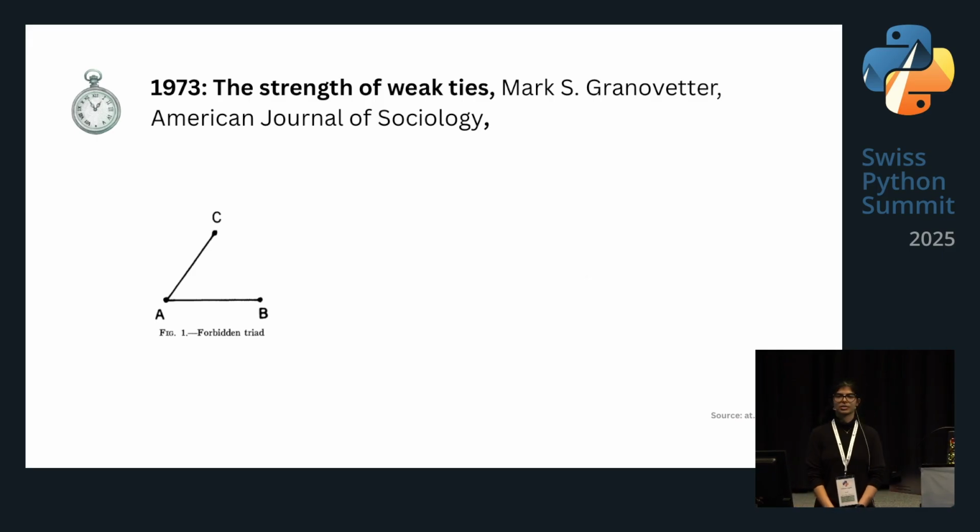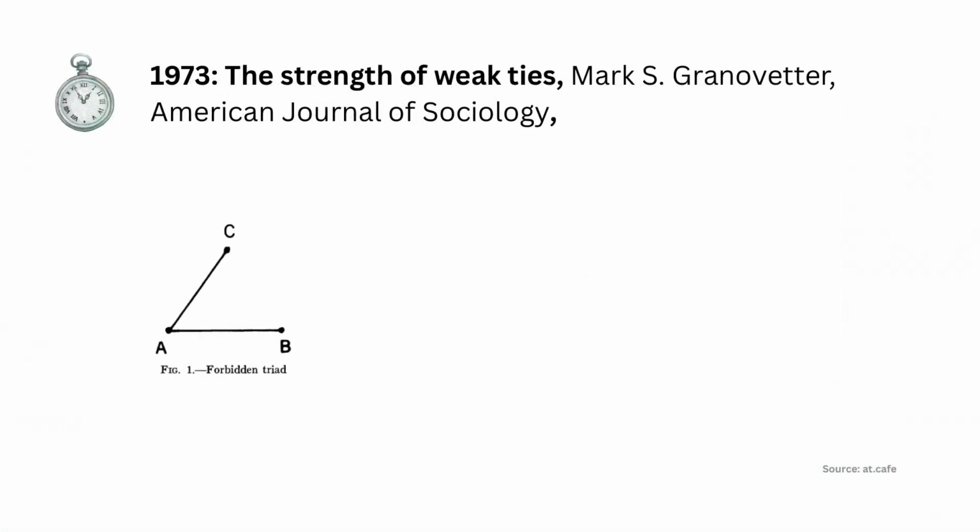There was this paper called The Strength of Weak Ties, very, very old, because seeing how fast everything is evolving, it's kind of ancient at this point, from 1973. In a sociology journal, not really computer science or anything. I don't know if Python was a thing back then. This is called a forbidden triad because it is very, very rare to observe these kinds of open triads in the real world.